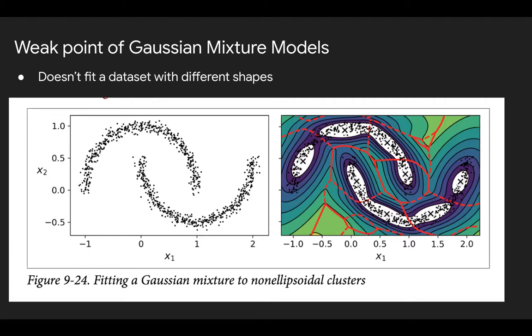So it doesn't fit a data set that has different shapes. That's the weak point of the mixture model. If you want to make use of the mixture model, all your clusters must have the same shape. Although it might not be spherical, it can be other shapes, but all clusters must still maintain that shape.